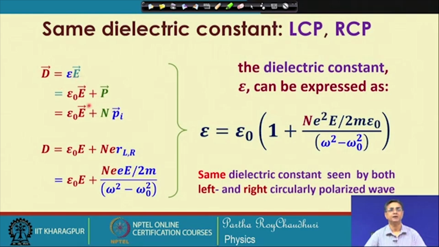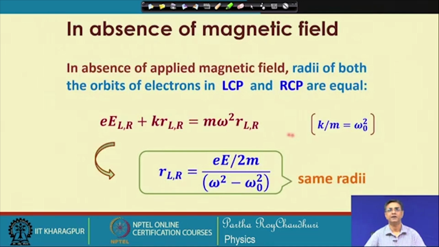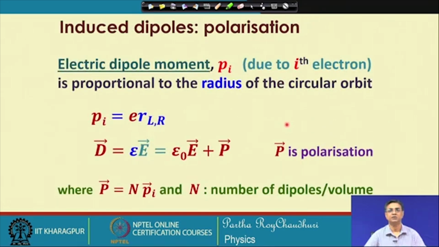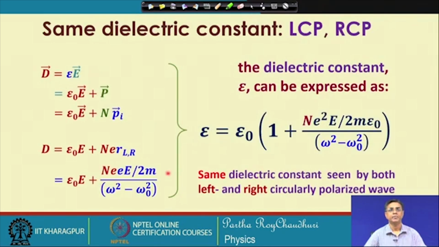So, D we can calculate from here just by substituting the values for P, R_i, we get that D equal to this. So, this is n e square E by twice m into omega square minus omega naught square. Omega naught we have defined as k by m, which is very common in simple harmonic motion. K by m is the natural frequency square.